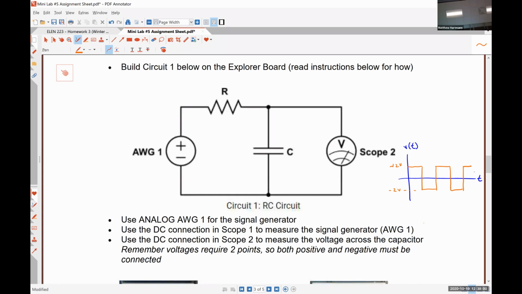We have scope 1 is going to be measuring input signal, and scope 2 is going to be measuring our output signal, which is the voltage drop across our capacitor. So let's look at this bad boy again. There we go. All right, let me share this with everybody.